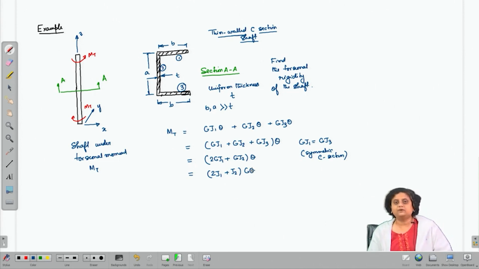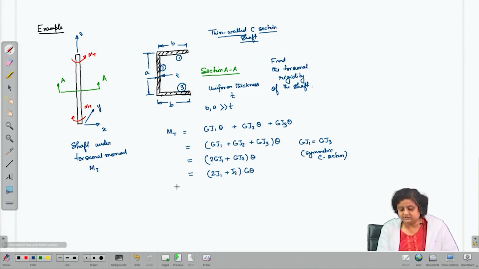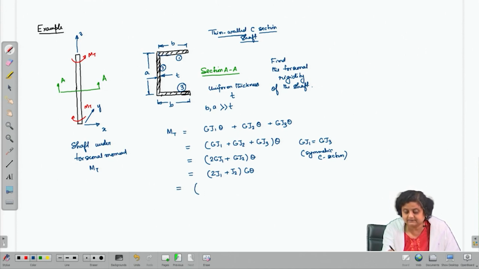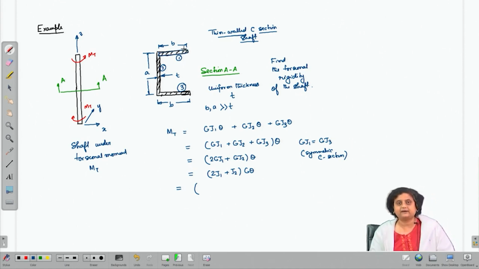Now, what is J1 and J2? So, J1 and J2 are basically, we have to now consider this as a thin rectangular cross section, and can be written as 2 into J1, which is B T cube by 3.